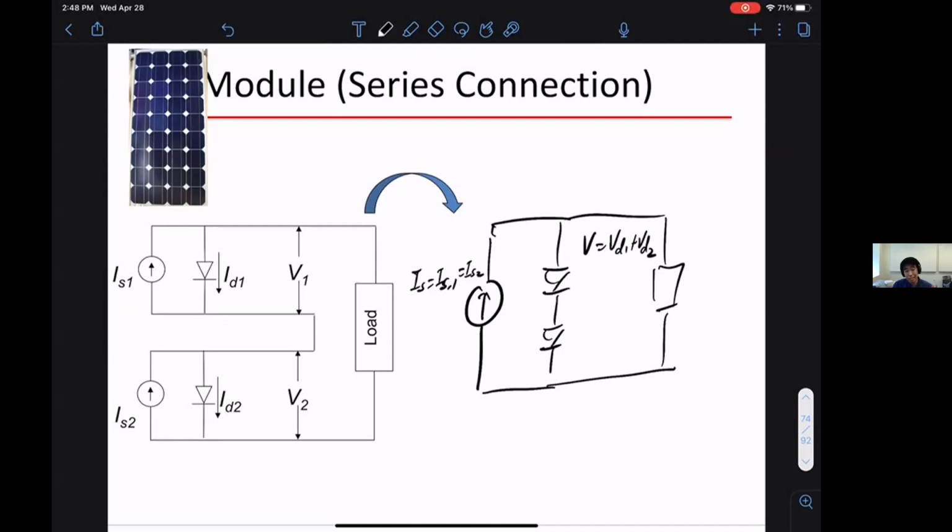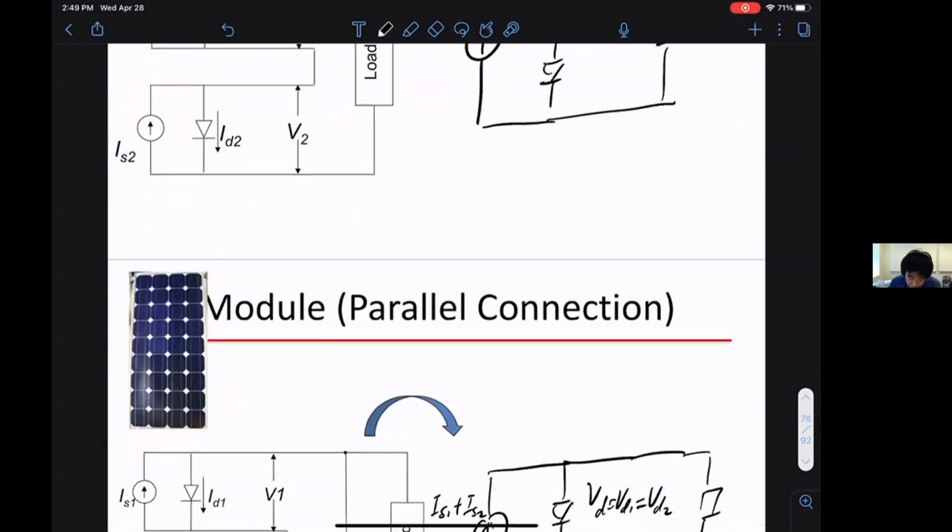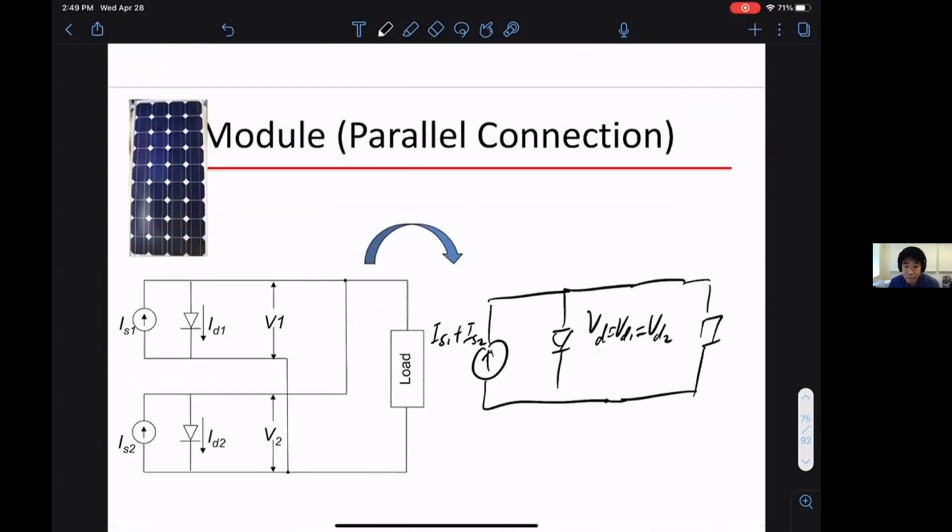Because of different situations throughout the day and year, there are many things you have to think of when you design this type of circuit. But for us, most times we're going to think of ideal situations, where everything's the same.